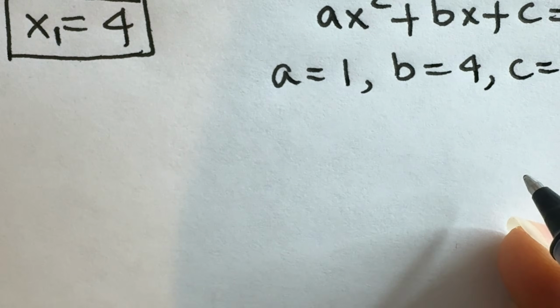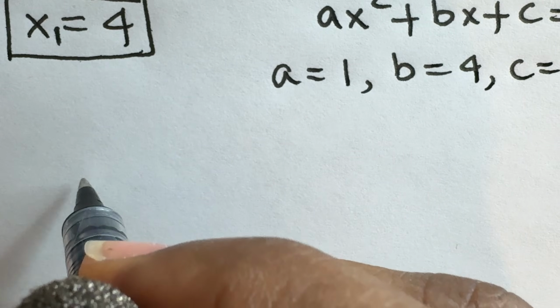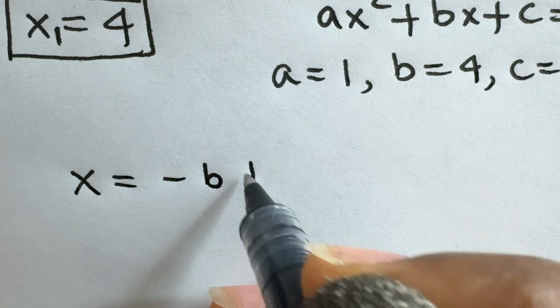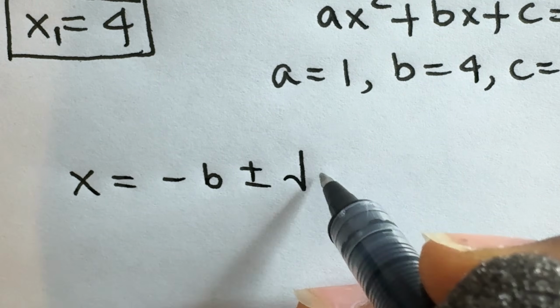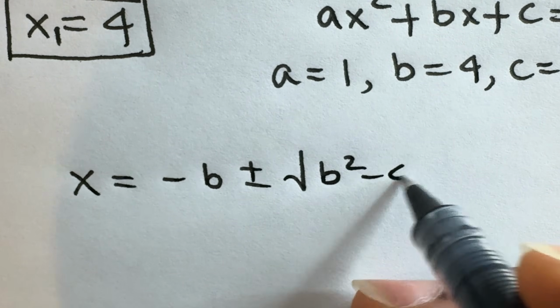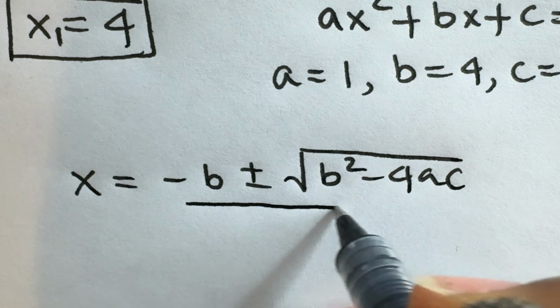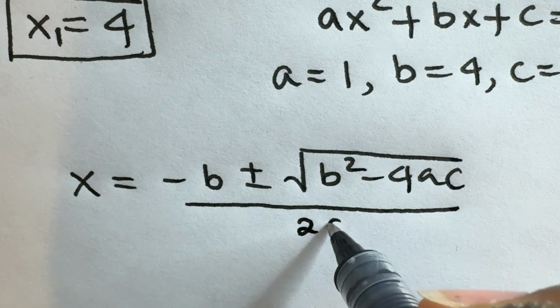Then we go and use the general quadratic equation to solve for x, which will be minus b plus or minus square root of b squared minus 4ac divided by 2a.